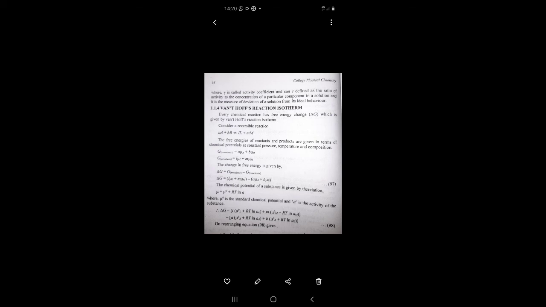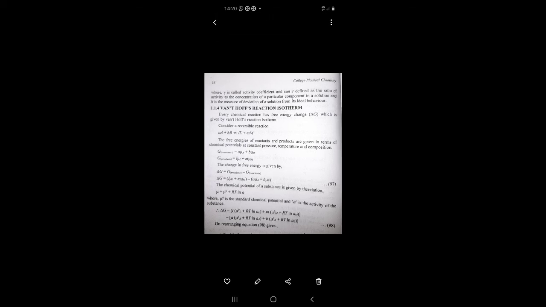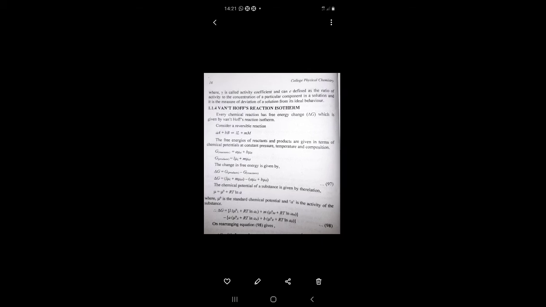So delta G is equal to [l(mu 0 L plus RT ln aL) plus m(mu 0 M plus RT ln aM)] minus [a(mu 0 A plus RT ln aA) plus b(mu 0 B plus RT ln aB)]. Now this is the full equation for the free energy change for any chemical reaction, that is, a reversible reaction. This is called equation number 98.